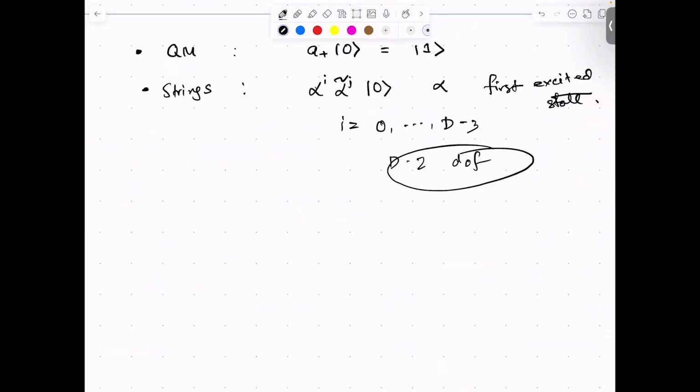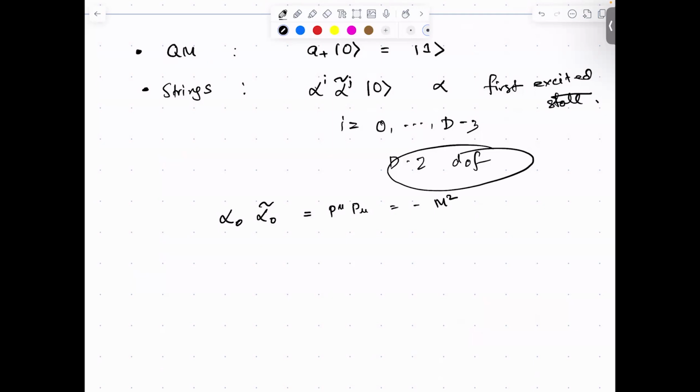But that's not the complete story. It turns out these oscillators, unlike something we had in quantum mechanics, have this interesting property where the 0th mode gives you m squared. I am surely wrong with the notation of David Tong, but you get the mass squared. What does it mean? We've seen this invariant mass, right?